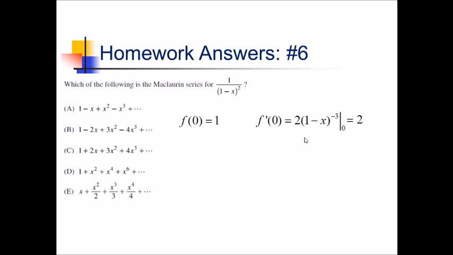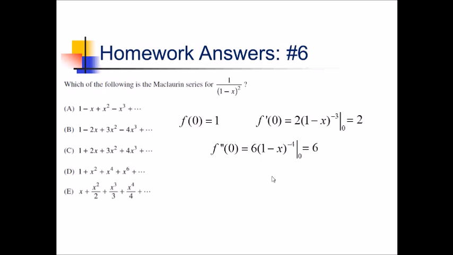Next, let's take our second derivative. So we've got -6, 1 minus x to the -4, times a tail of -1. So that's +6 times 1 minus x to the -4 evaluated at 0. That's going to come out to just 6 because this whole parentheses, again, just becomes 1.